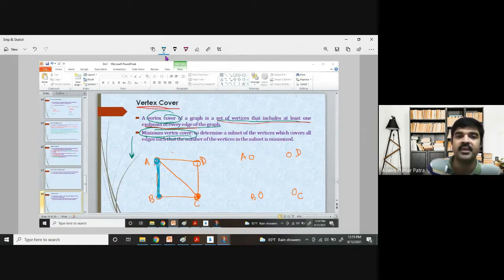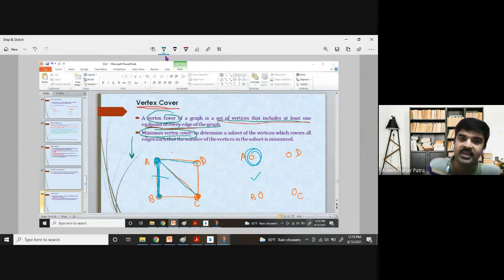Suppose I wanted to take A. So this edge is covered. Consider this. A is already there, so I need not take B. Consider this.